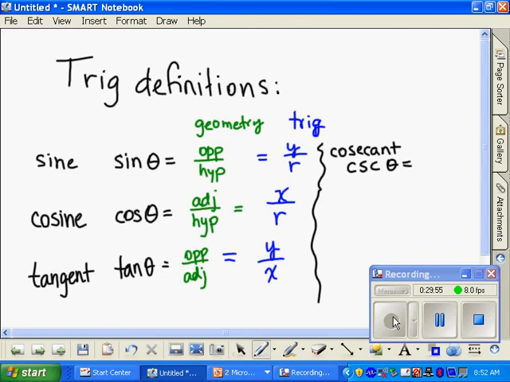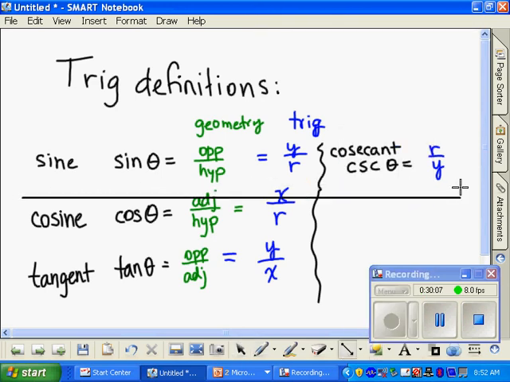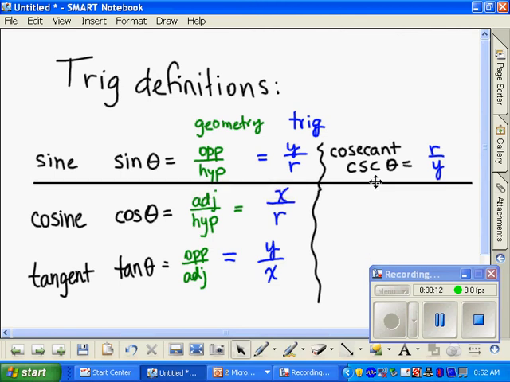It would be r over y, because cosecant is the reciprocal of sine.